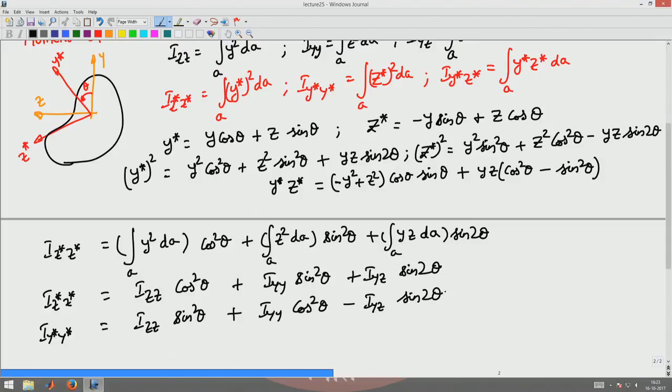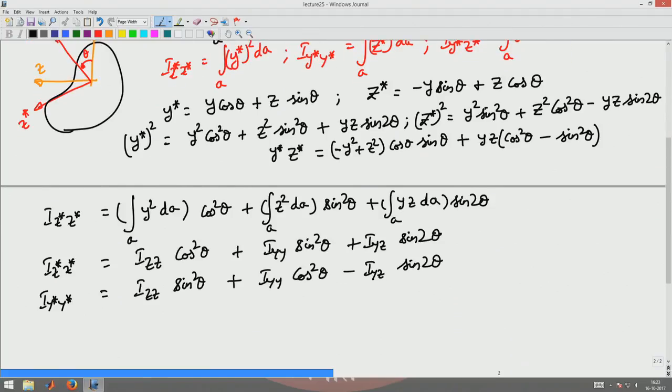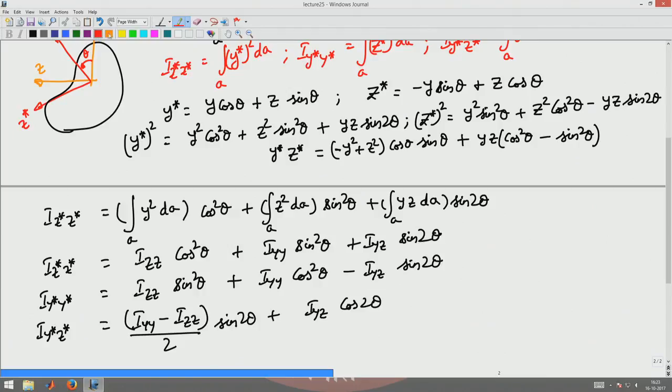Okay. Similarly, I y star z star is (I y minus I z) by 2 times sin 2 theta plus I yz cos 2 theta. Okay. Where I use the following equations.